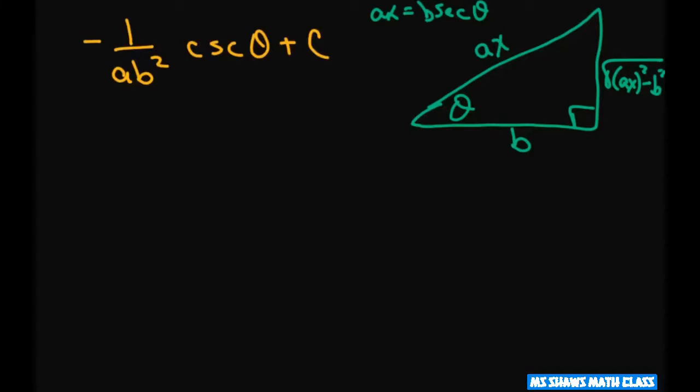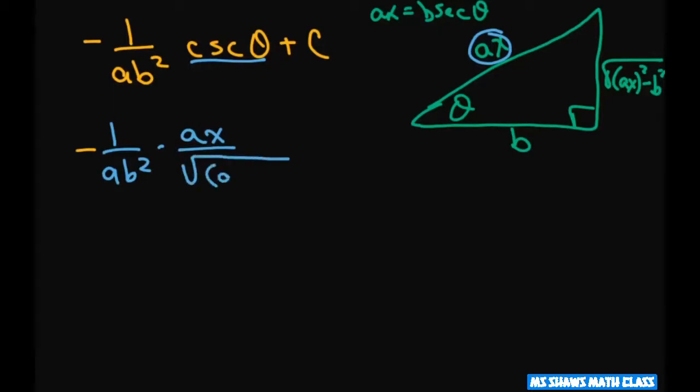All right, now we have to fill everything in, so you're going to get negative 1 divided by ab squared, and you're going to have ax for cosecant. That's going to be your hypotenuse, ax over adjacent, which is going to be the square root of ax squared minus b squared, plus c.